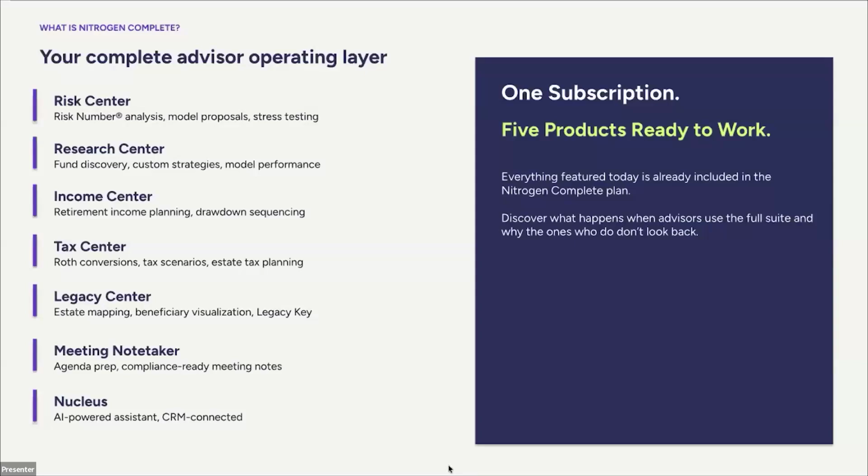So the ability to document risk numbers and create portfolios and proposals, do your research and fund screening and discovery inside of one platform, talk about retirement income planning in one platform, taxes, legacies, even estate planning, things like that.